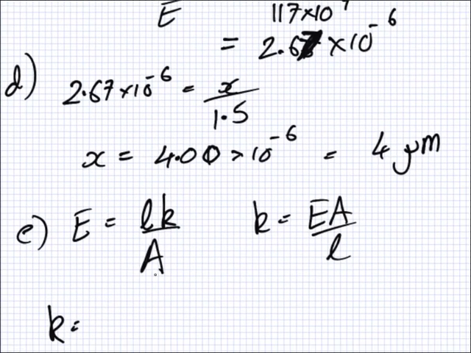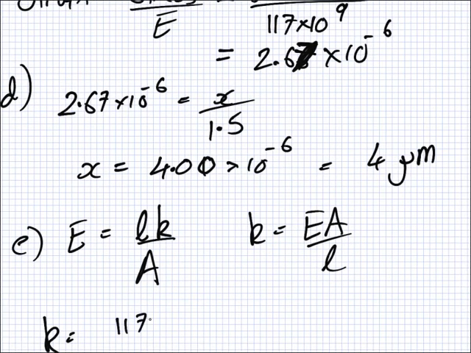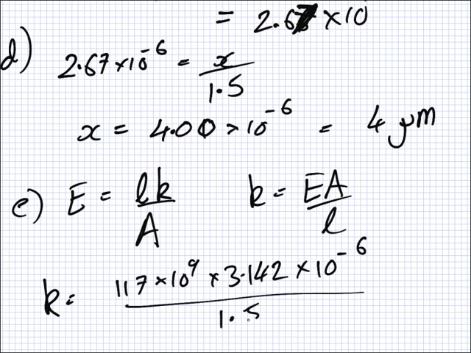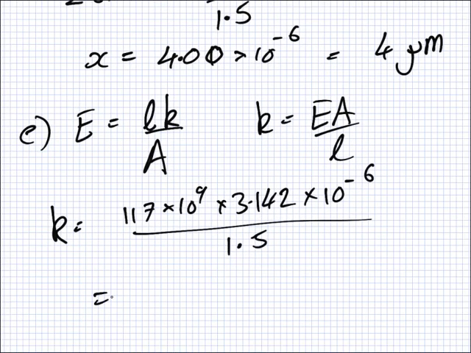117 times 10 to the 9 times 3.1415 times 10 to the minus 6 over 1.5. So what do we get here? 245,076.